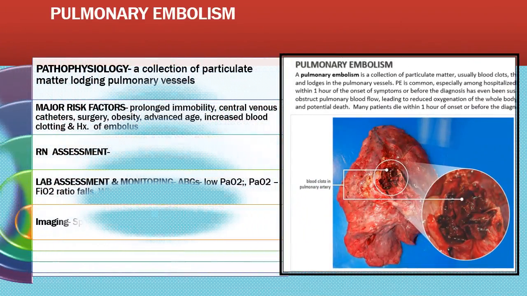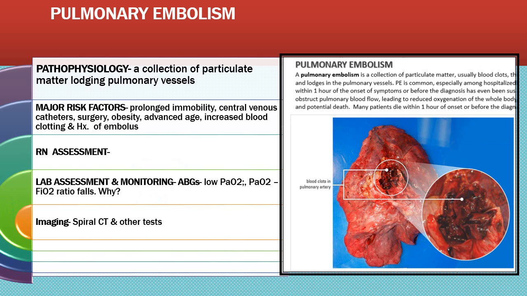A pulmonary embolism, a PE, is a collection of particulate matter, usually blood clots, that enter the venous circulation and lodge in the pulmonary vessels. PE is common, especially among hospitalized patients, and patients may die within an hour of onset of symptoms or before the diagnosis has even been suspected.